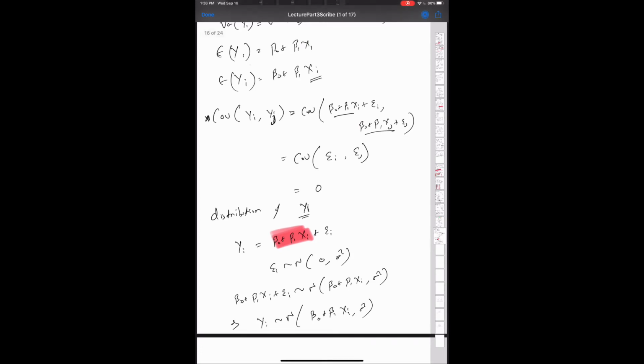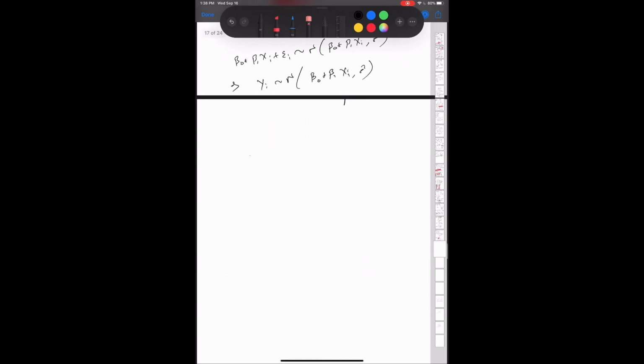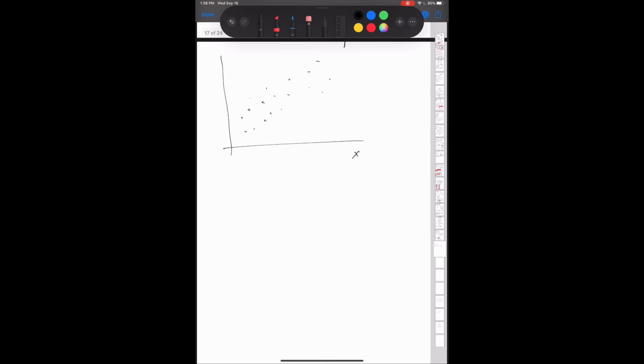What is epsilon i? Let's look at the scatter plot to see what epsilon i's are. This is what x and y look like, the scatter plot of x and y.